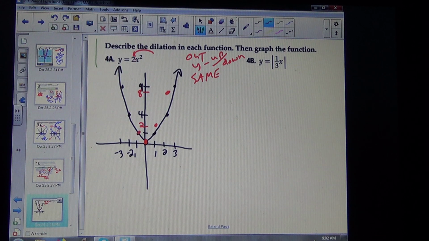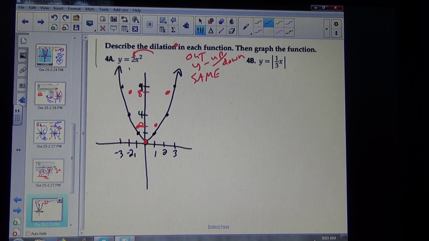And again here are my other points I'm going to reflect. So 1 would reflect to 2, or not reflect, it would be dilate. So 1 times 2 is 2, 4 times 2 is 8. So that would come up there. And if you do the other one, here 9. So 9 times 2 is 18, which goes off my graph. You don't have to mark it, and then the other side is the same.